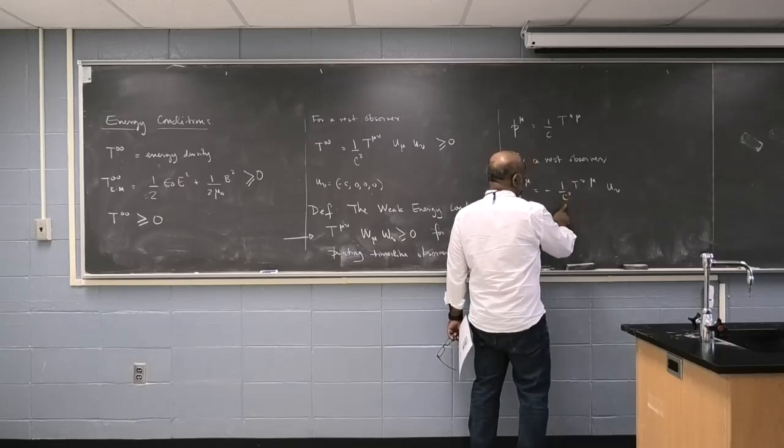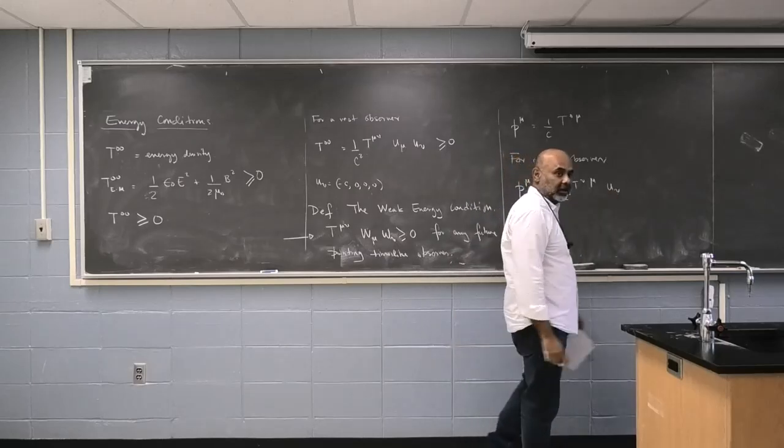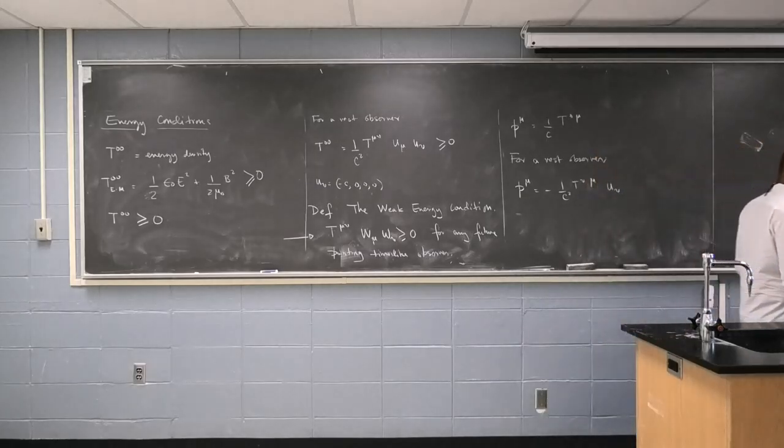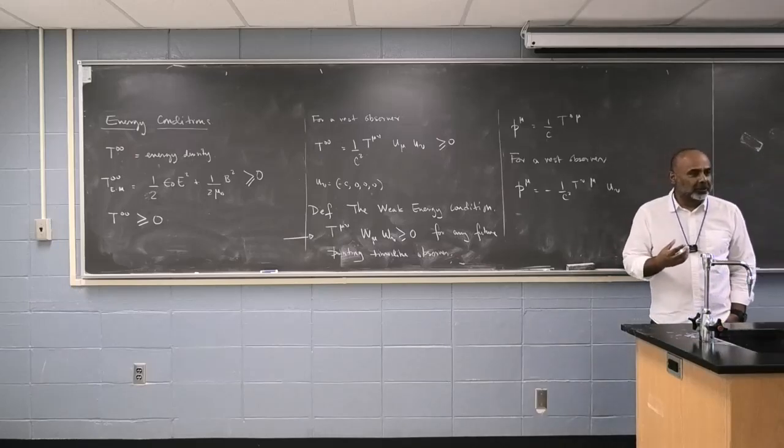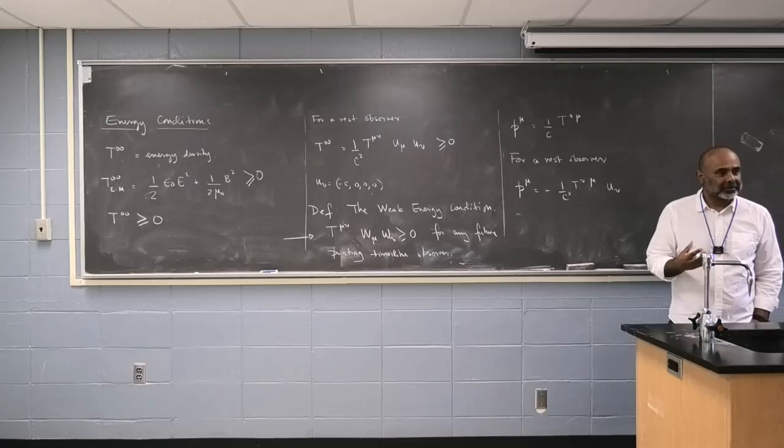It's 1 over c anyway, but u nu has a c, so I have to divide by it. This is to be an energy and momentum. Momentum and energy has to be future pointing and causal.